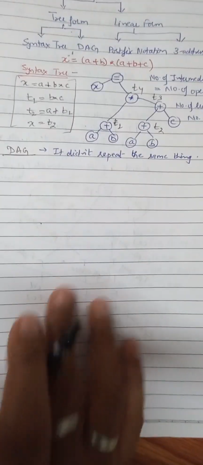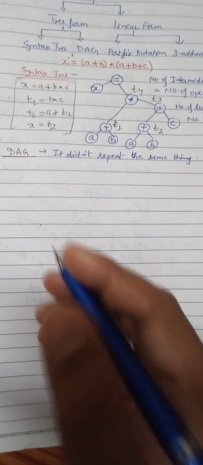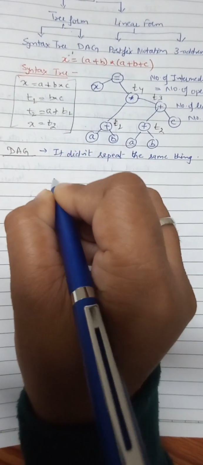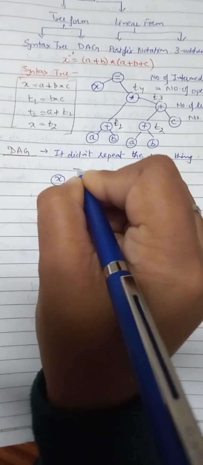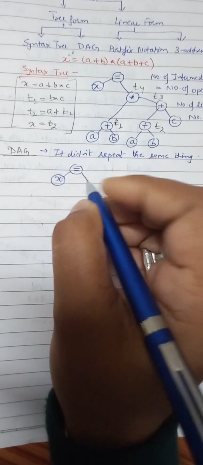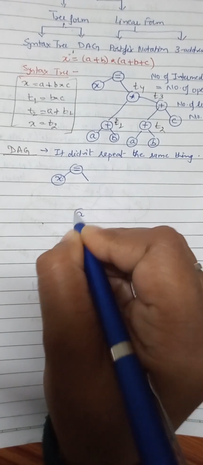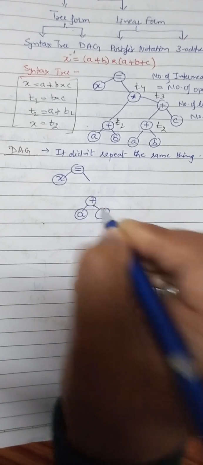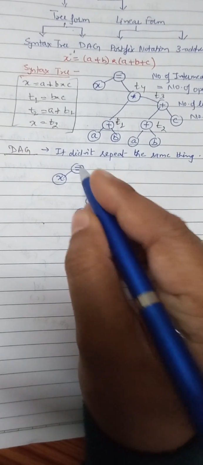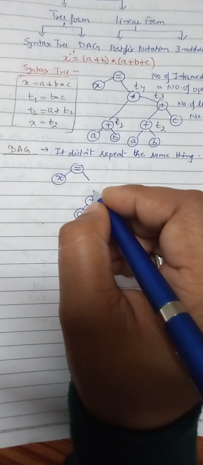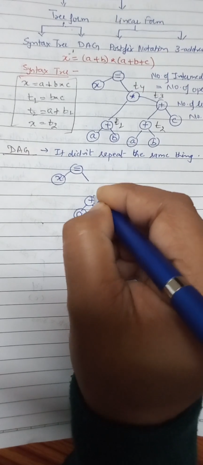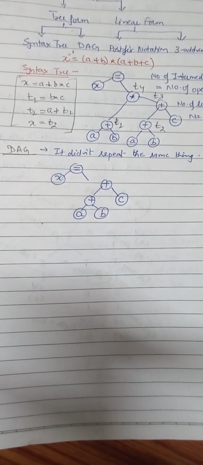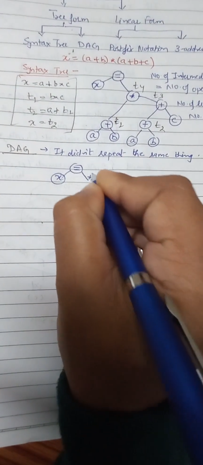So here, if we talk about the DAG representation, we can write like this: x is equal to, here we can take a plus b, and because it is in both the things, and plus c, so we are not repeating here, and here we are writing multiplication.